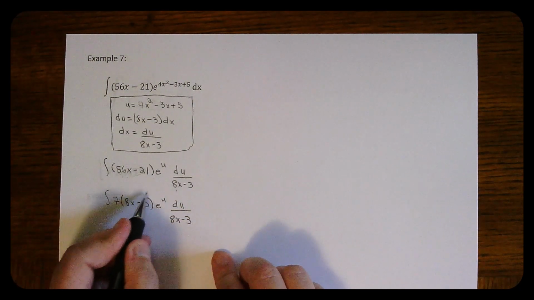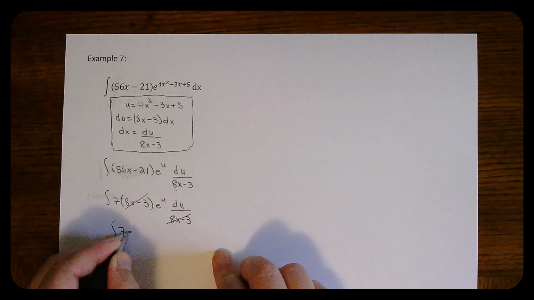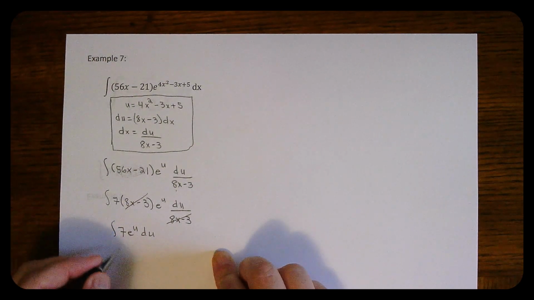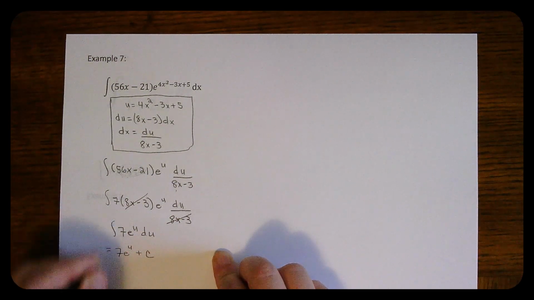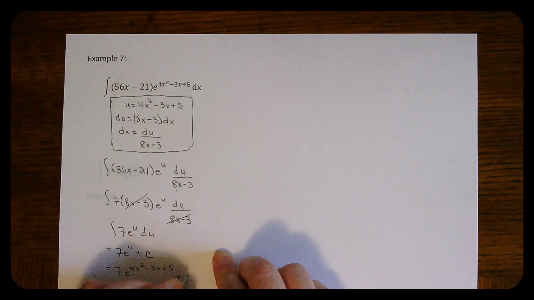And so now we can divide out the 8x minus 3, and we're left with 7e to the u du. All right, now that antiderivative is super easy. The 7 comes down, and the antiderivative of e to the u is e to the u plus c. After you take the antiderivative, as the very last step, you can put the u back in, which was 4x squared minus 3x plus 5.